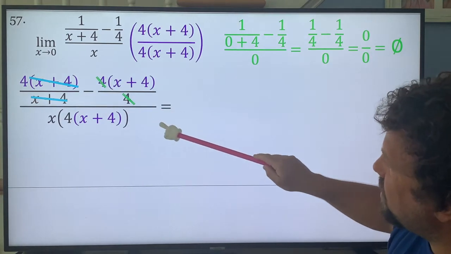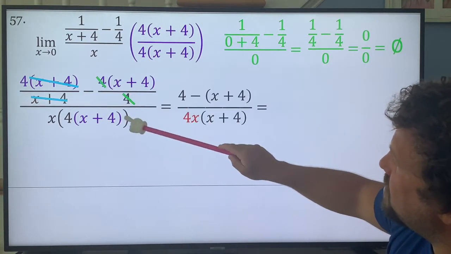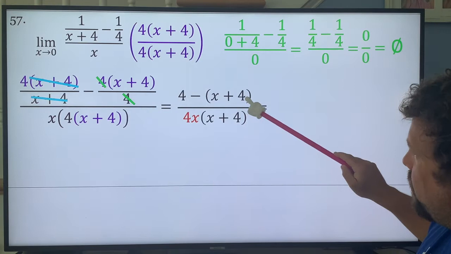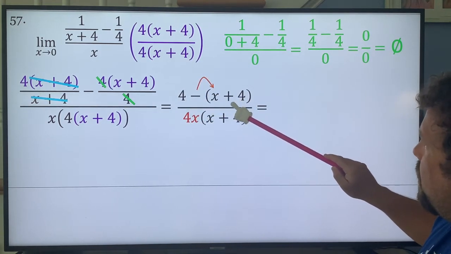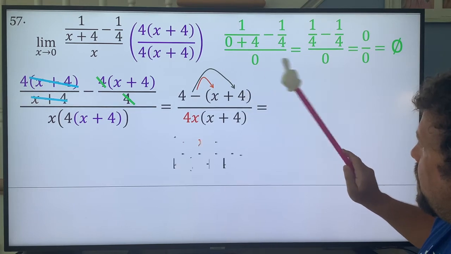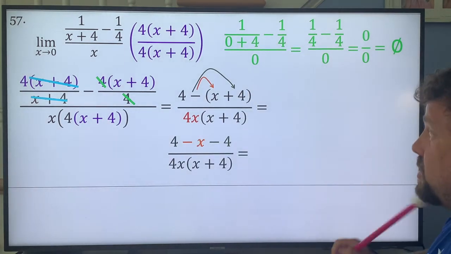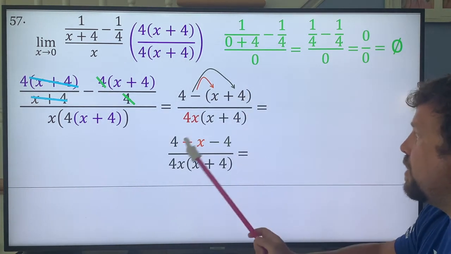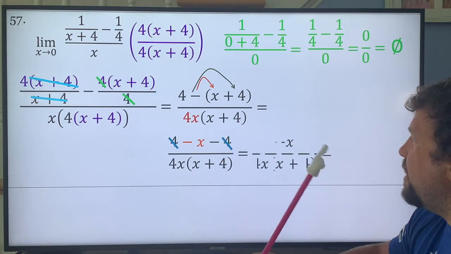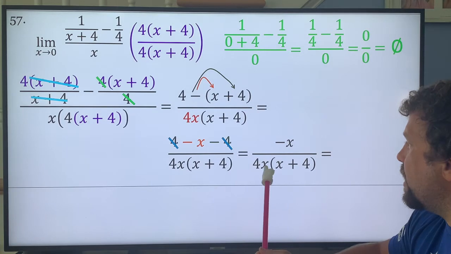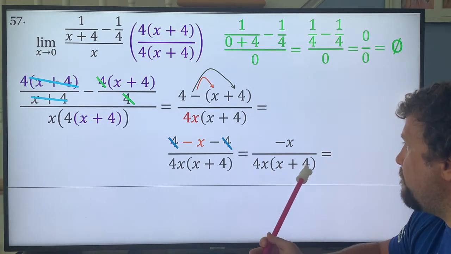The 4's cancel out, leaving me with minus x plus 4. So this is technically 4 minus x, 4 minus 4, because the negative gets distributed to the x and the 4. What's 4 minus 4? 0. So you're left with negative x over 4x times x plus 4.